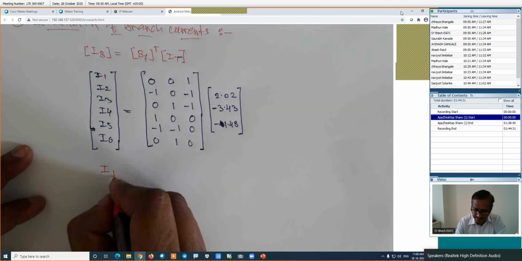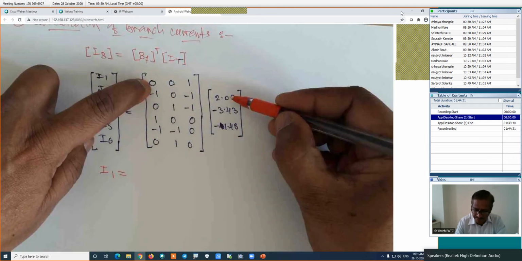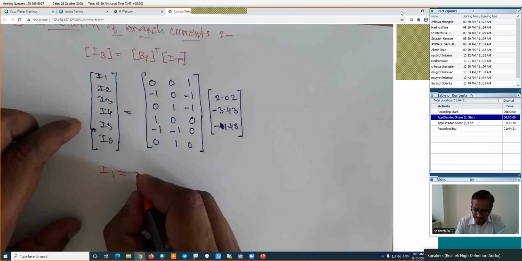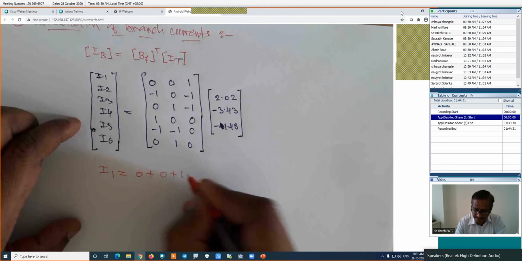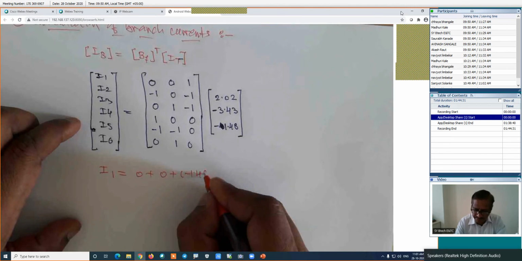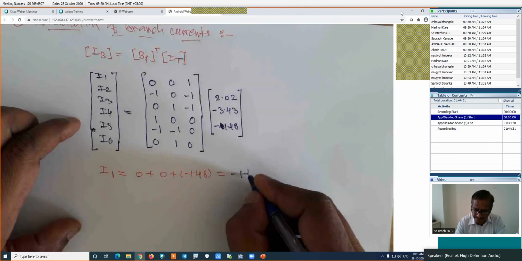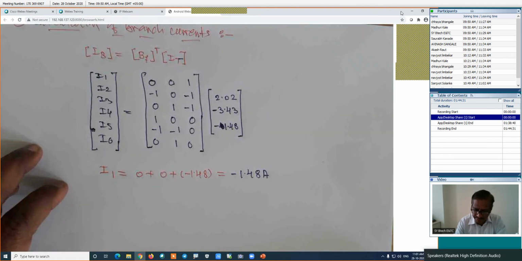This I1 is equal to this first row. Multiplication of this into this means 0 into this, 0 into this, 1 into this value. It is 0 plus 0 plus minus 1.48, which is equal to minus 1.48 amperes.